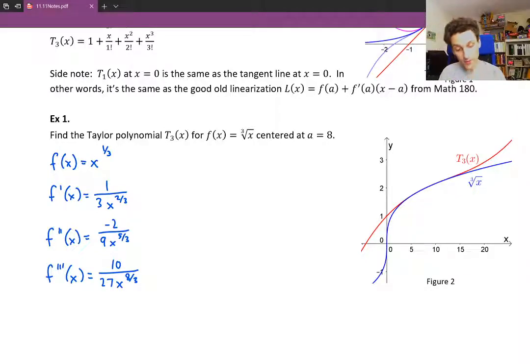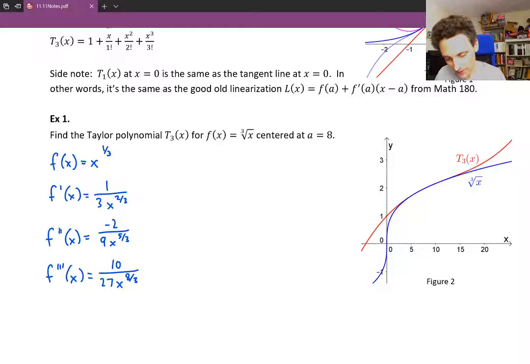Okay, now our center is a equals 8, so we're going to plug in a equals 8. So we're going to plug 8 into all of those derivatives. Let me just go to a different color. And as long as we're at it, let's go ahead and put in the factorials as well.